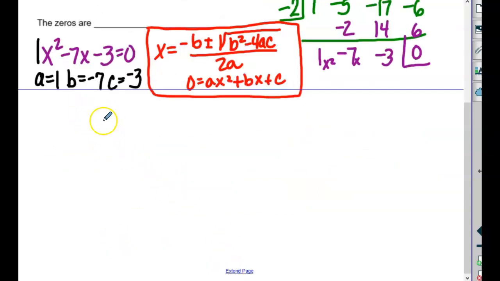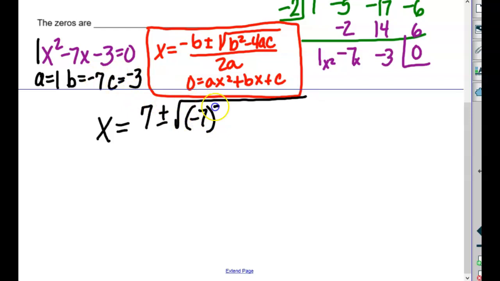All right, so x equals the opposite of b would be +7 plus or minus the square root of b squared, -7 squared, minus 4, which comes with a formula, times a, which is 1, times c, which is -3, all over 2 times 1.